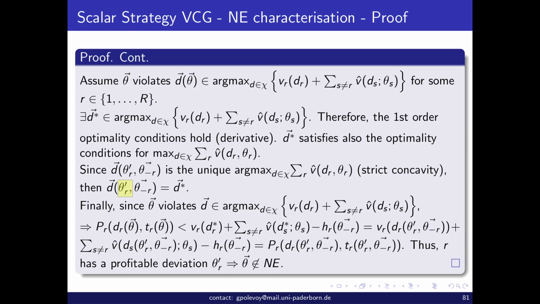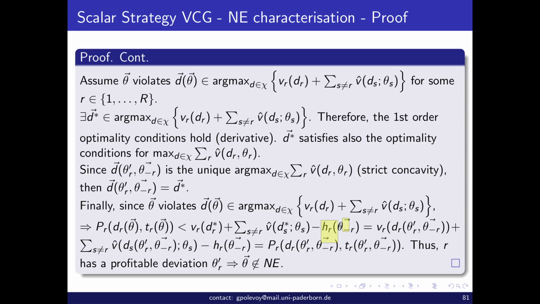Now, finally, if you assume that theta violates this, and again, that d of theta, the d which is chosen by this theta, is maximizing this expression, then the utility is going to be strictly smaller than what happens when we look at this optimum d star, which optimizes the expression.